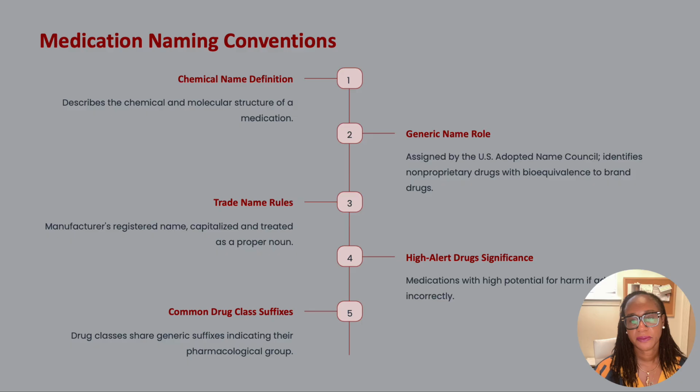The generic name is a description that is assigned by the US Adopted Name Council and is identified by a lowercase letter. A medication trade name is the manufacturer's registered name. The name is capitalized and treated as a proper noun.